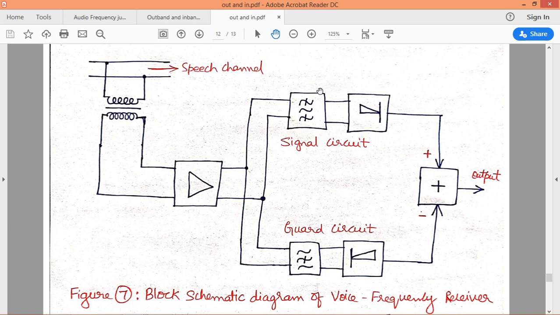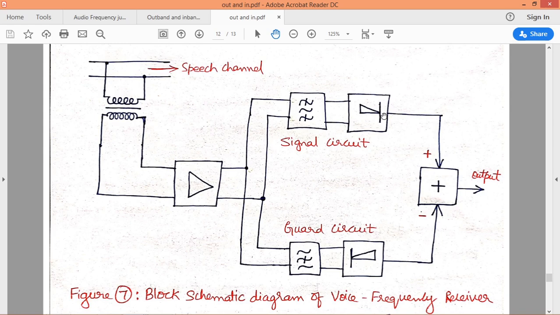The signal circuit will have a band pass filter and then a rectifier. Similarly, the guard circuit also has a band stop filter. This is a band stop filter, whereas this is a band pass filter. A band stop filter and then a rectifier, and both are compared.